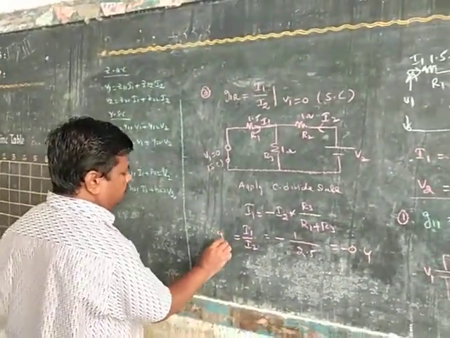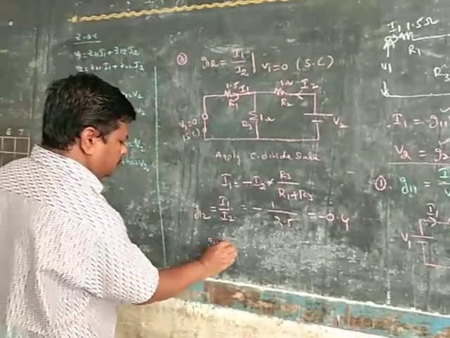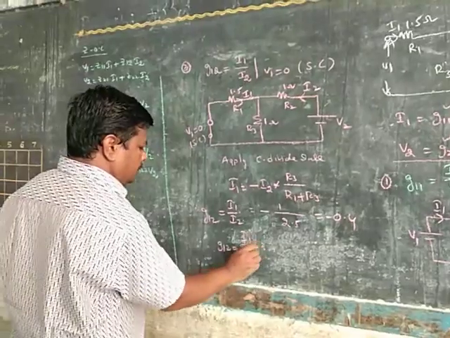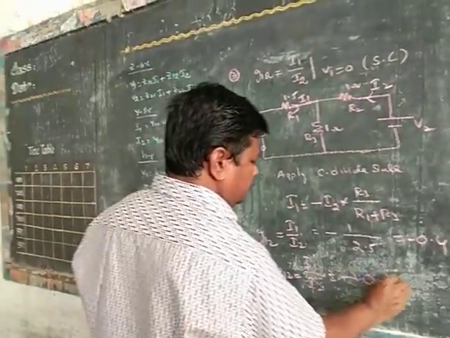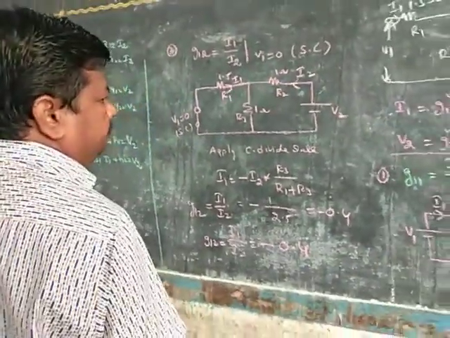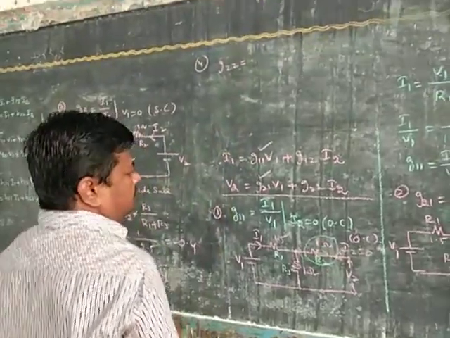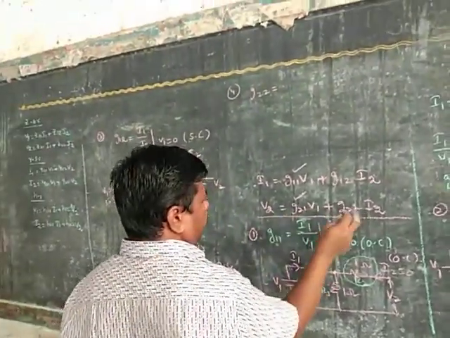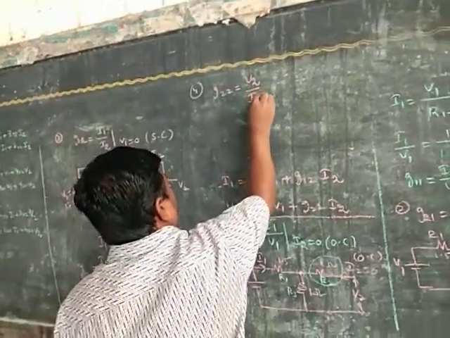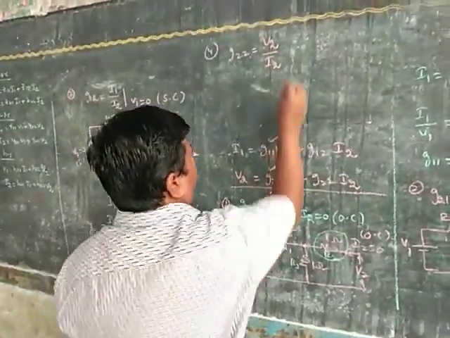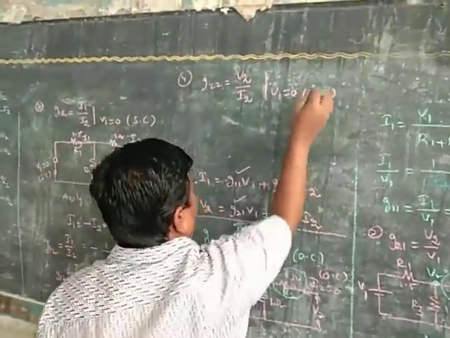So G12 is equal to I1 by I2, that is equal to minus 0.4. G22 is equal to V2 by I2 when V1 is equal to 0. V1 equal to 0 means short circuit.